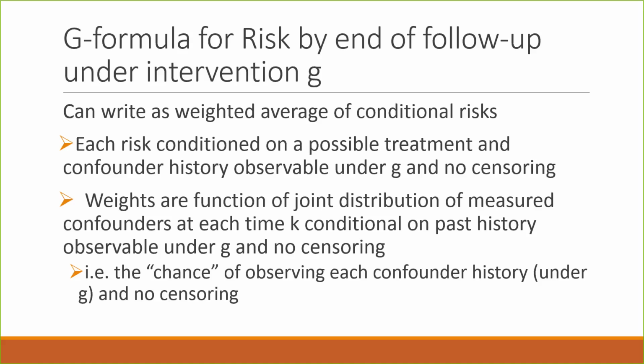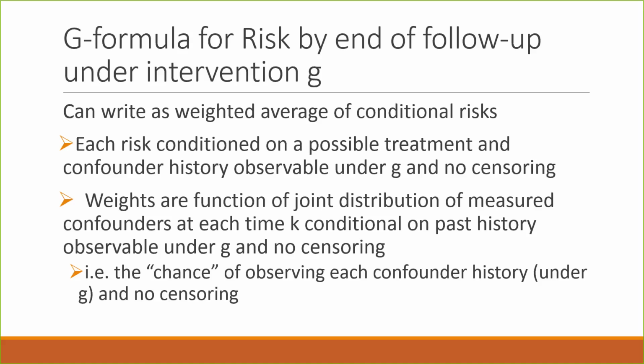So we can imagine, for example, that under a strategy initiate ART when CD4 first drops below 350, had we implemented that intervention in the population, in that arm, we're going to observe different CD4 cell count histories, different viral load histories, different combinations of those.